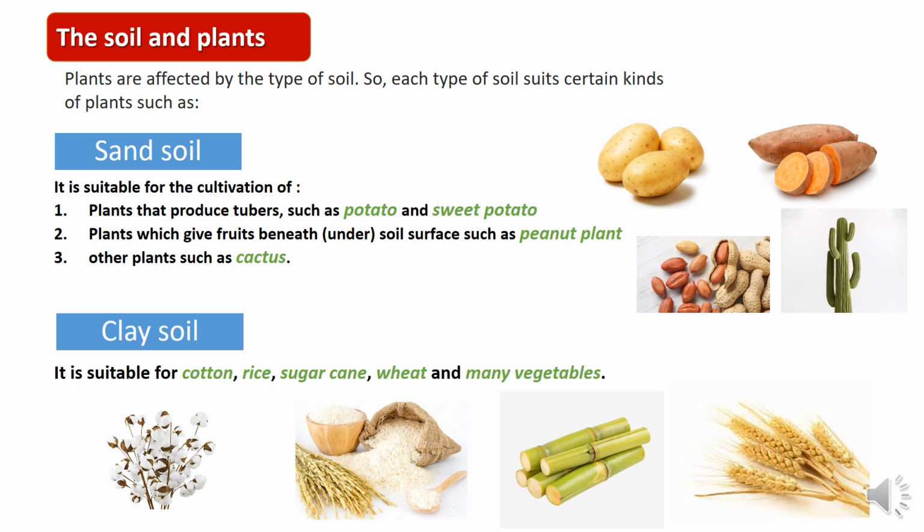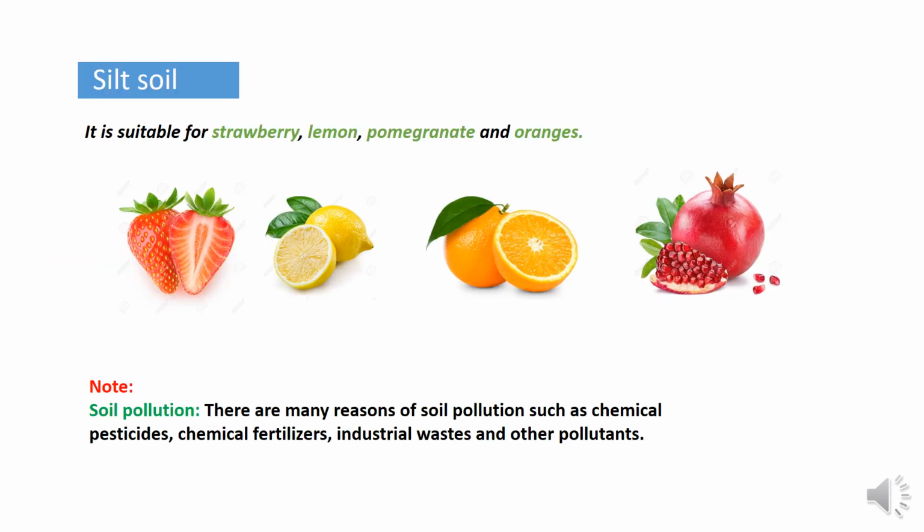Clay soil. It is suitable for cotton, rice, sugarcane, wheat, and many vegetables. Silt soil. It is suitable for strawberry, lemon, pomegranate, and oranges.